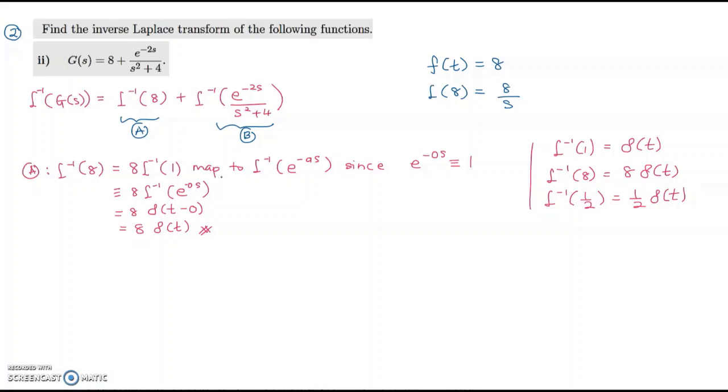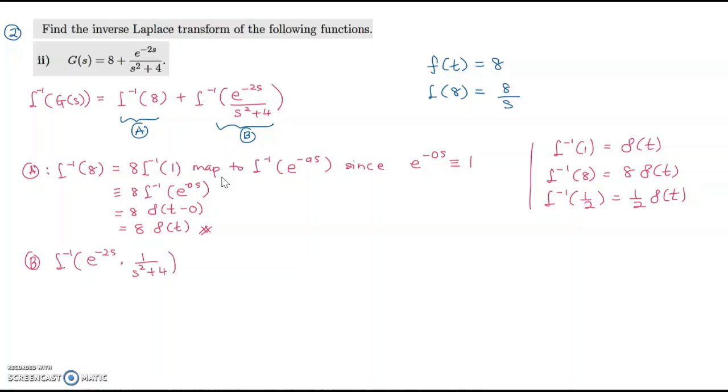Okay, all right, so we've done with part A. Now part B. Part B is the inverse of exponent negative 2s over s squared plus 4. It actually can be seen as a multiplication of exponent negative 2s with 1 over s squared plus 4.